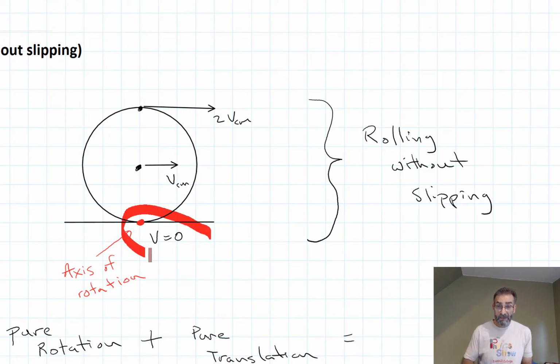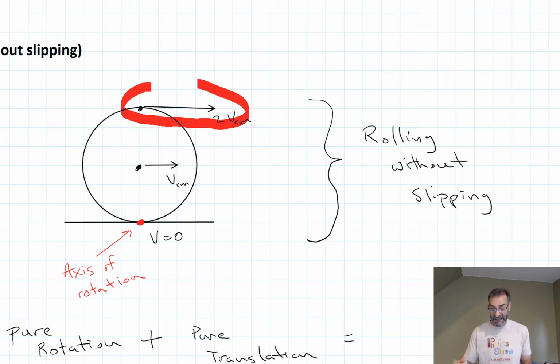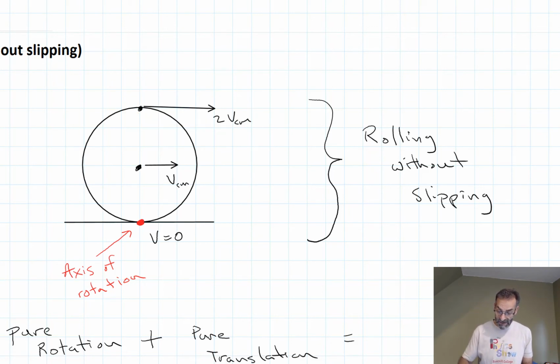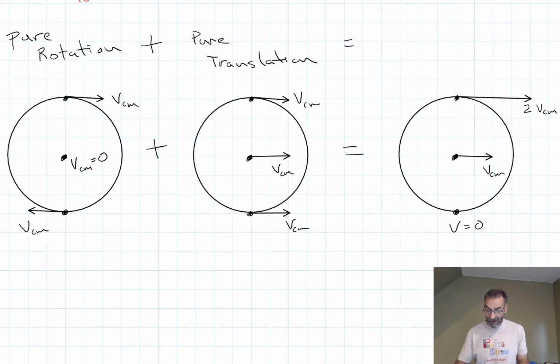V is 0 at the point of contact where our wheel is touching the ground. The center of our wheel is moving with some speed to the right. We're just calling that v center of mass. And the top of our wheel is moving with twice that speed to the right. And that's what we have here.